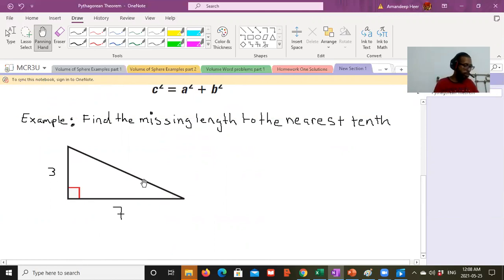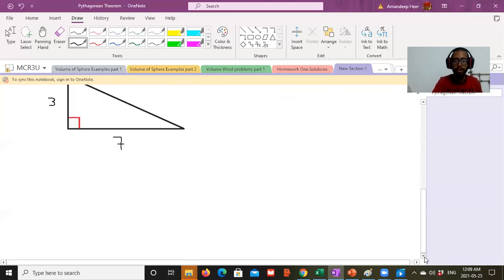So what do we know? We know the short sides. So we know what the values of A and B are.